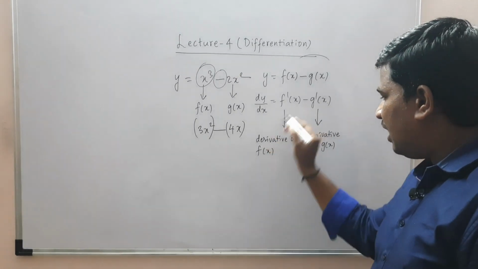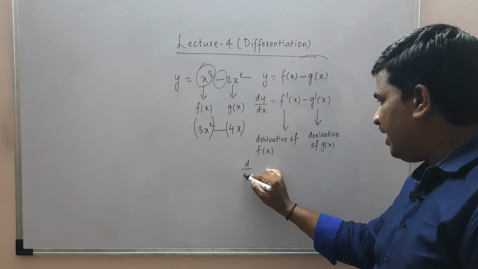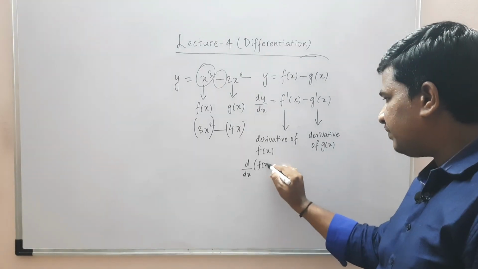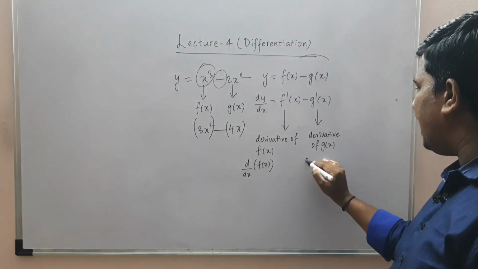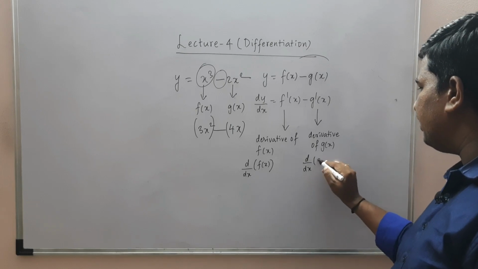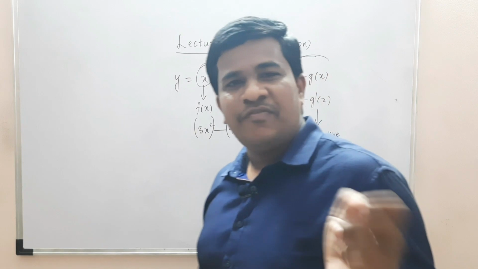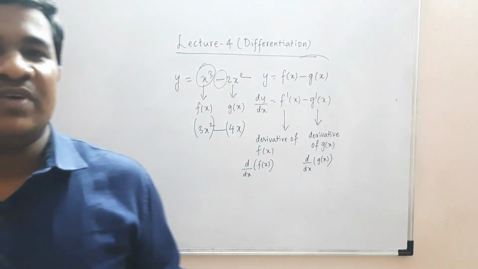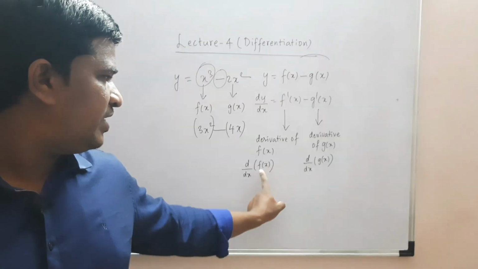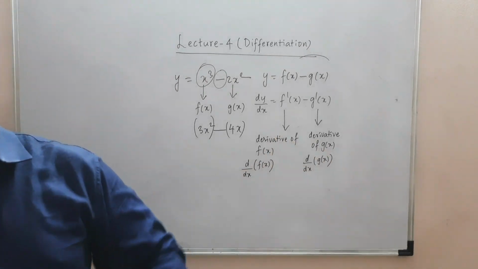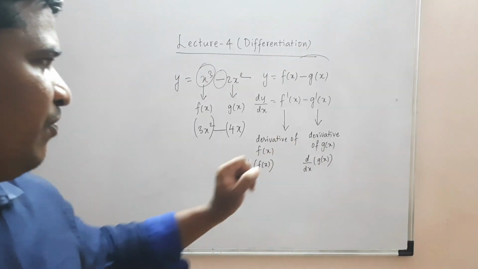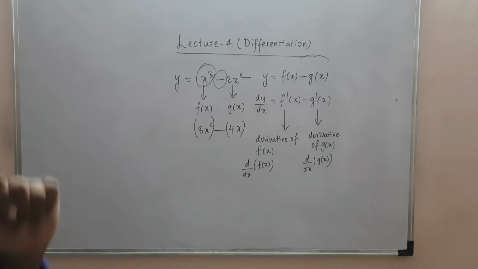So the meaning of f dash x is d by dx of f of x, and the meaning of g dash x is d by dx of g of x, the derivative of g of x with respect to x.